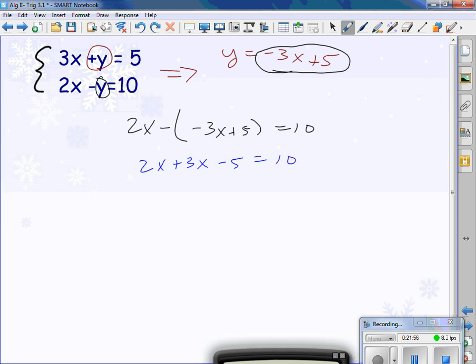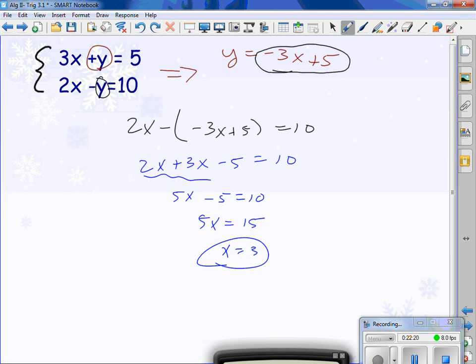Why is it a minus 5? Because the negative times the positive gets me a negative. Combine these two, what do I get? 5x. Now what do I have to do? Add 5 over. 5x equals 15. Divide by 5 and I get 3.